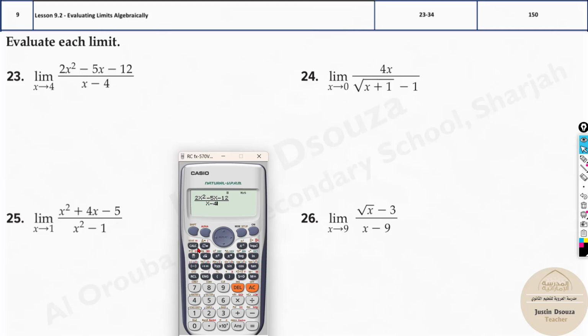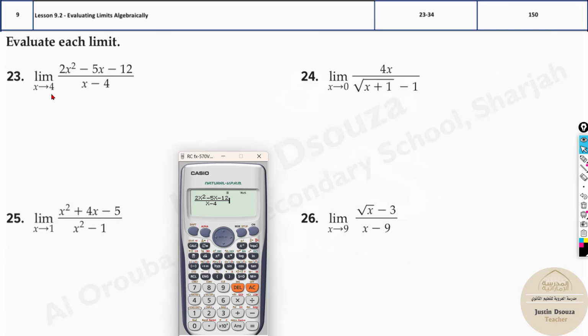Now, there is a calculate symbol, isn't it? Just press calculate. The problem is if you press 4 and press equal to, you get a math error. Why? Because this becomes 0 in the denominator and it's an undefined value. It's infinity. Because 4 minus 4 is 0. So you should not do that. So what basically is a limit? Limit means you're approaching 4.